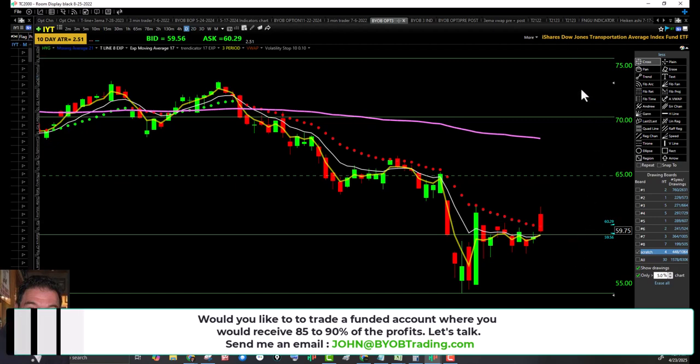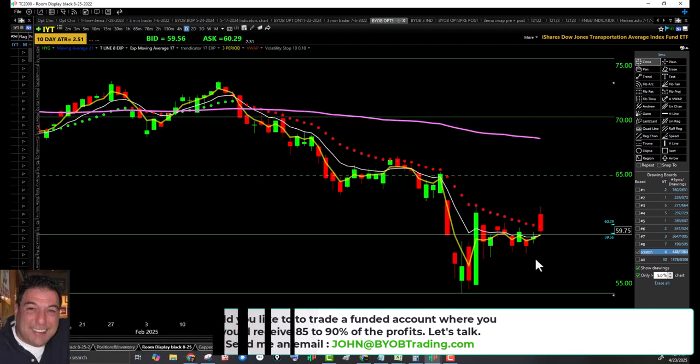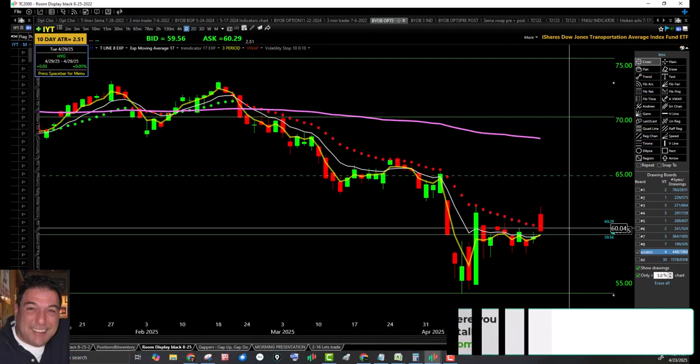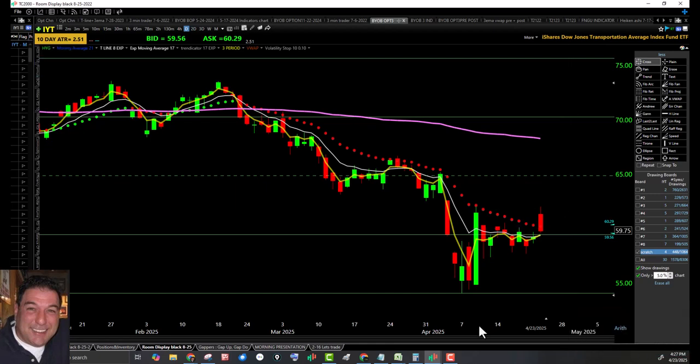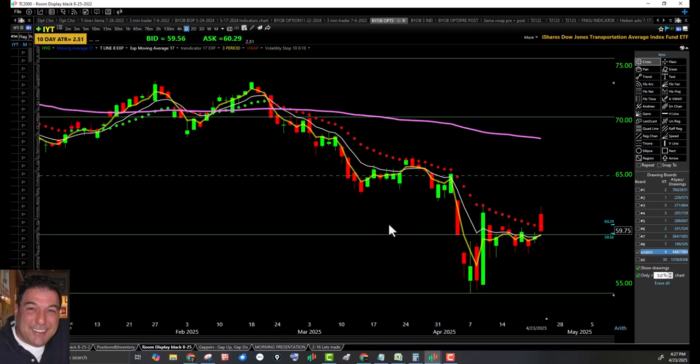So in the lower third, that's bearish. Let me just see if they broke it. They didn't get up over the 17 there, so still in a downtrend. IYT, transports. All right, any questions for today?